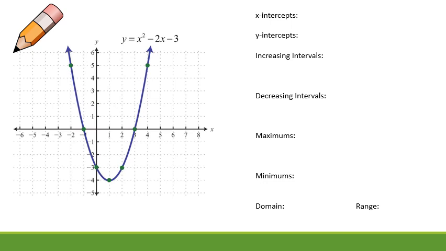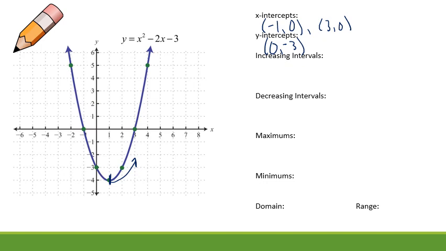And here's our last example here. Okay, our x-intercepts are (-1, 0) and (3, 0). I have a single y-intercept at (0, -3). Okay, I am increasing from this value onward.